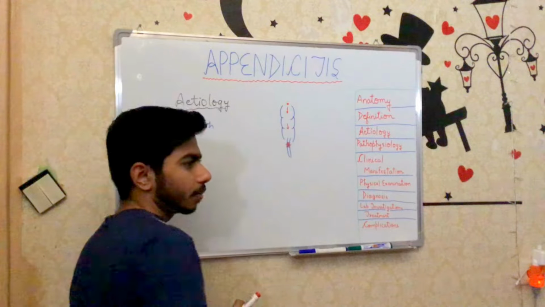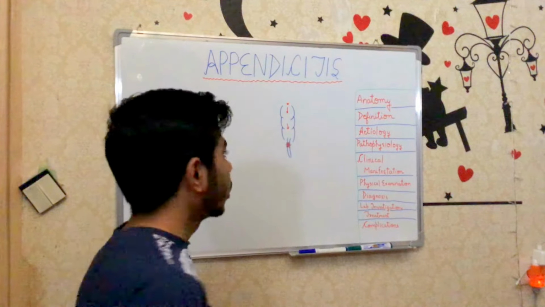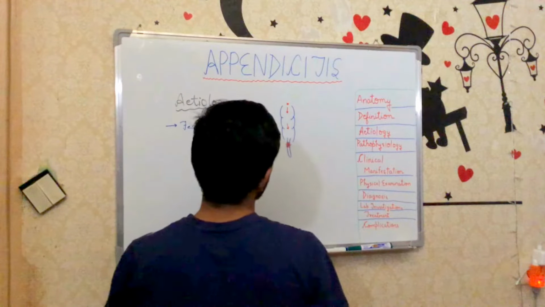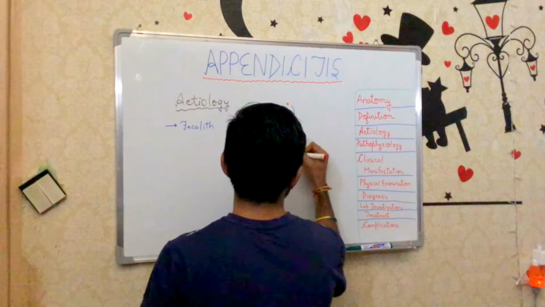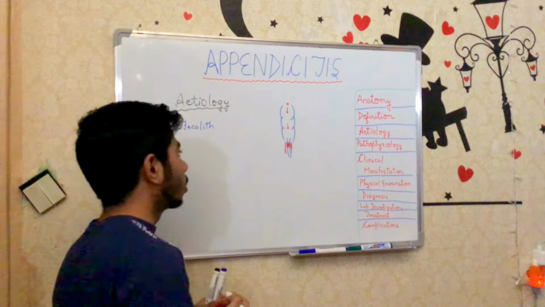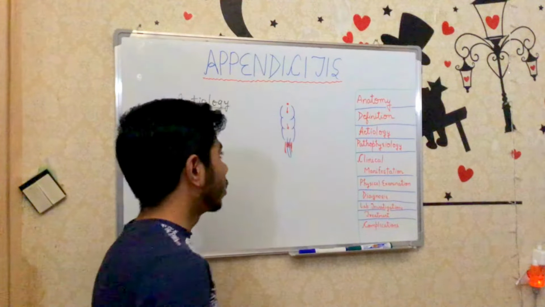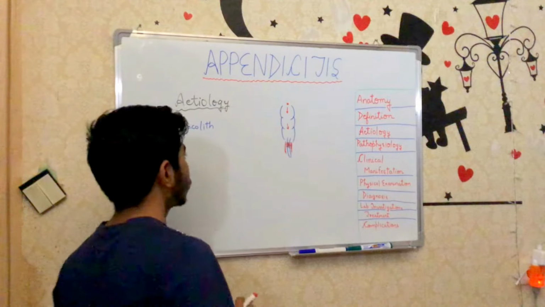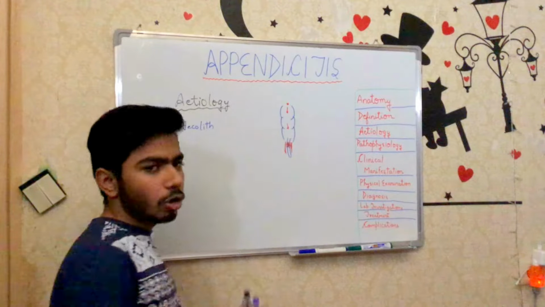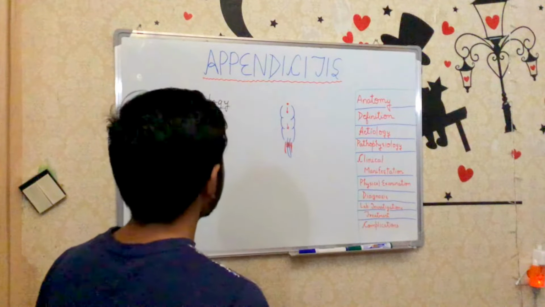It will obstruct the appendix and will cause inflammation of the appendix, which will further obstruct the venous outflow, as I will discuss in the pathophysiology just after this. So the fecalith or any other obstruction can lead to appendicitis.